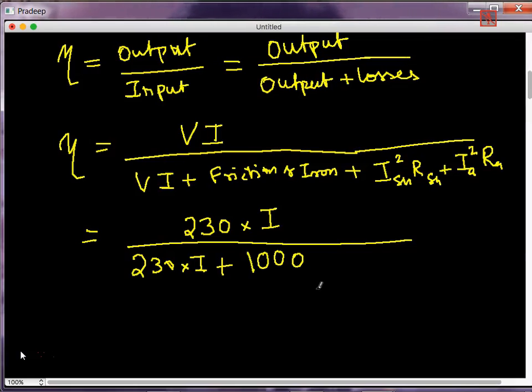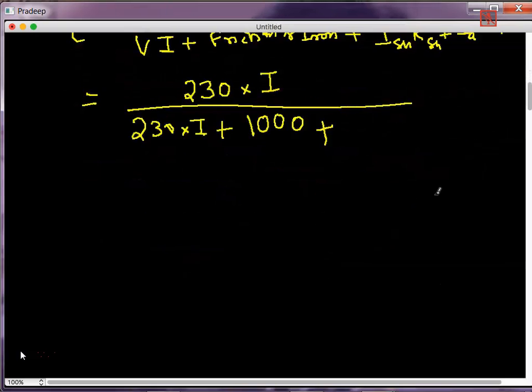Flux is maintained constant, and the rotation also is more or less not changing, so the mechanical losses will be constant. Plus, the shunt field current is also constant because voltage is maintained constant and the resistance of the shunt field is also constant.